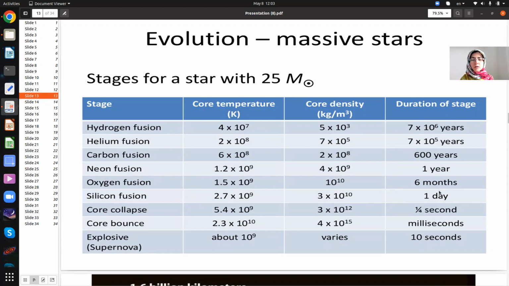It takes 6 months. Silicon fusion, 1 day. A core collapse, 1/4 second. Core bounce, milliseconds. Explosive supernova takes just 10 seconds. And the temperature will be 10⁹ Kelvin.